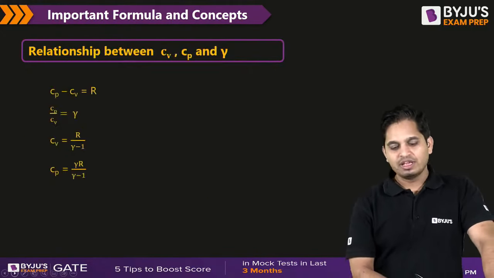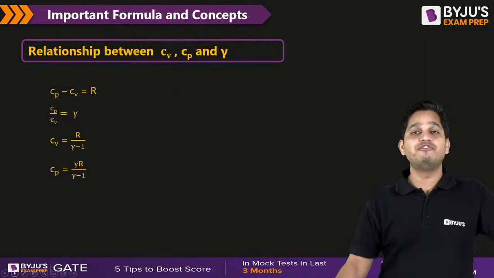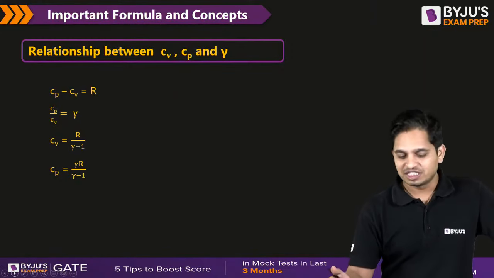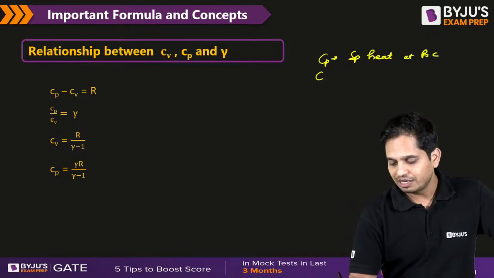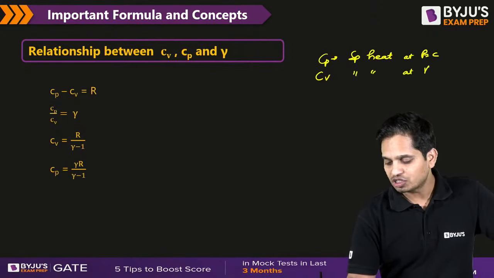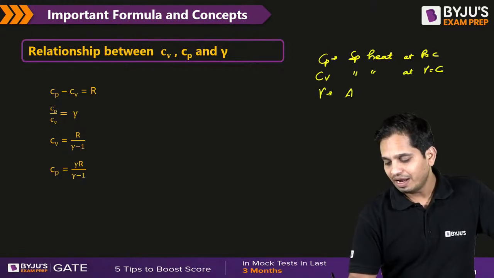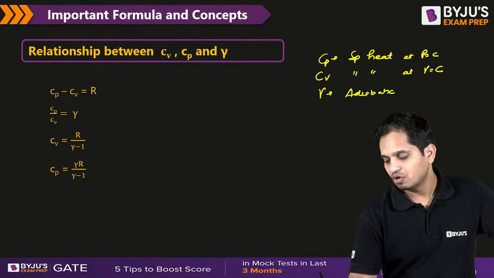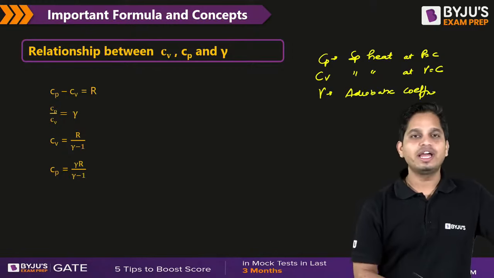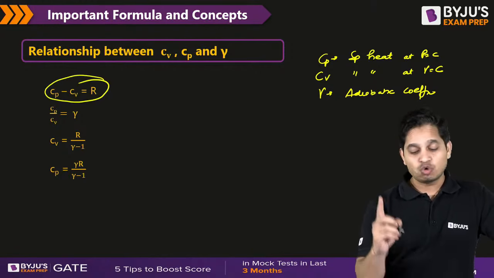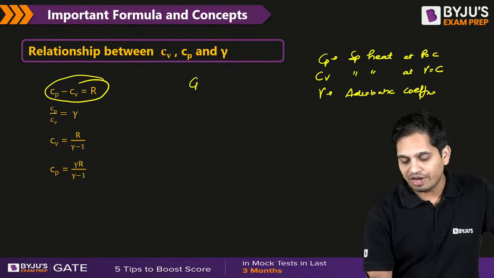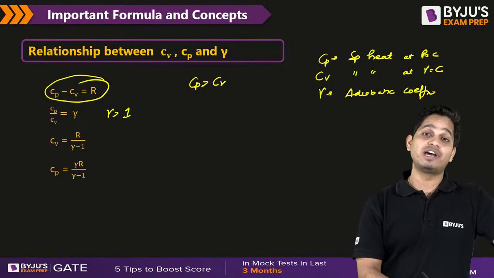Relationship between Cp, Cv and gamma. Cp is the specific heat at constant pressure. Cv is the specific heat at constant volume. Gamma is the adiabatic coefficient. We all know that Cp minus Cv is equal to R, and gamma is equal to Cp by Cv, and always Cp is greater than Cv, therefore gamma is always greater than 1.